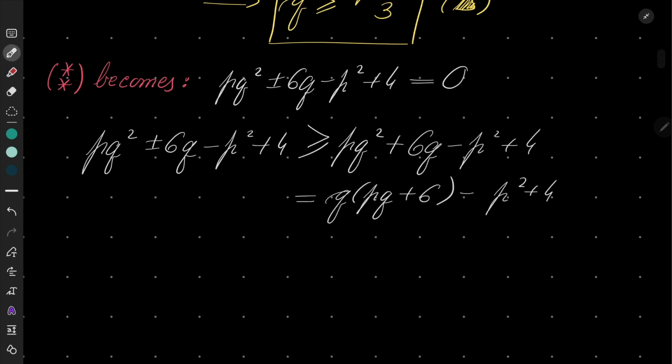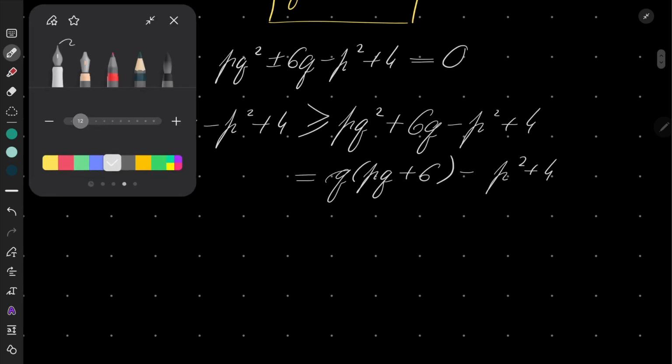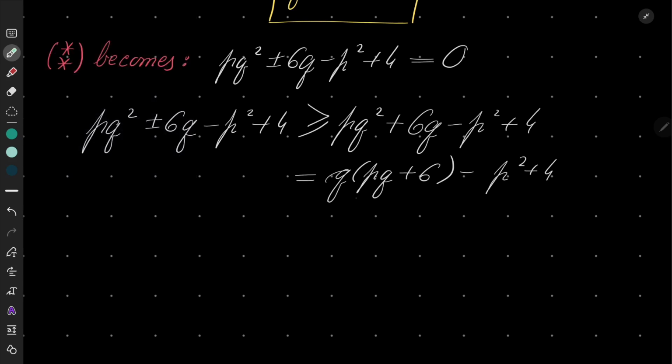Okay. And now let's notice the following. Since p is greater than or equal to 7, and since q is greater than or equal to 1, sorry, my bad, there should be a minus here, because plus or minus 6 is less than or equal to minus 6.